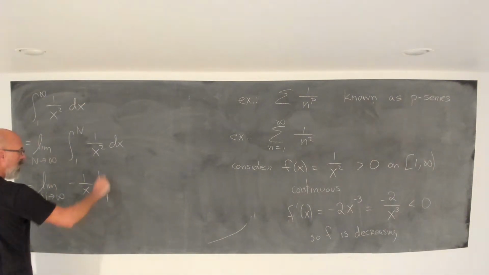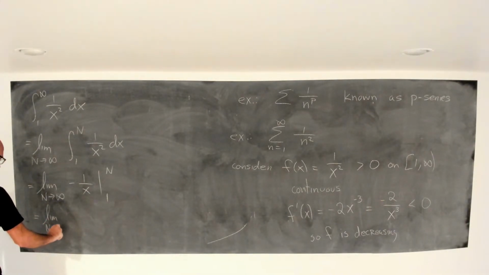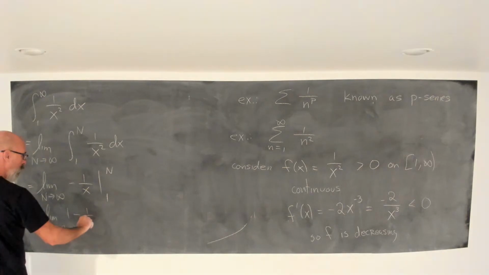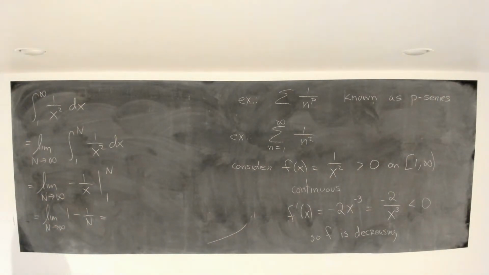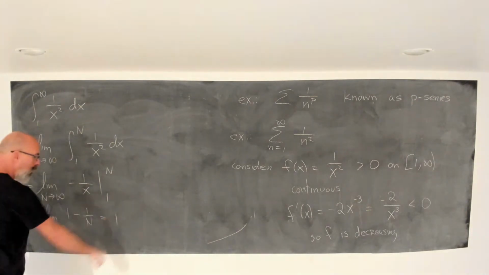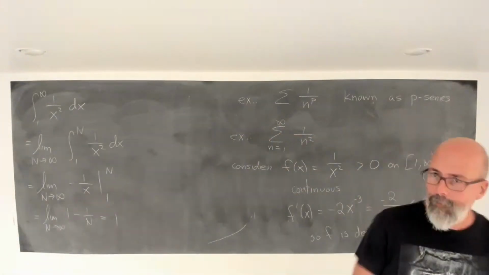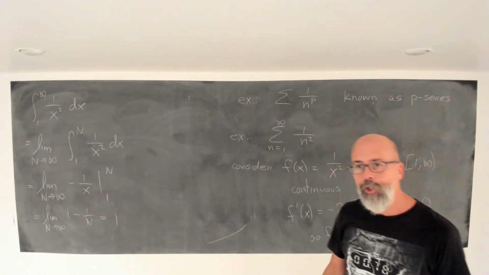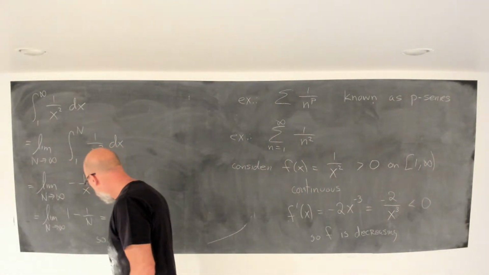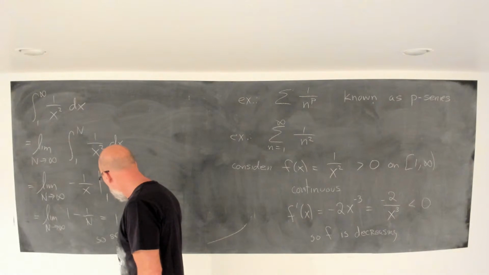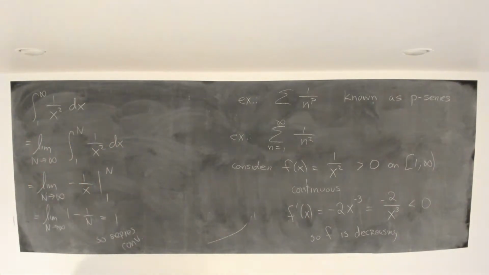Minus 1 over x from 1 to n. And this is really 1 minus 1 over n, whose limit as n goes to infinity is 1. The integral converges, so the series converges. There it is.